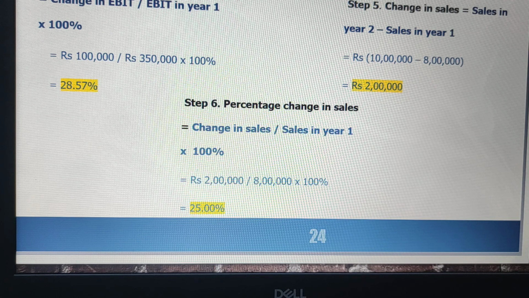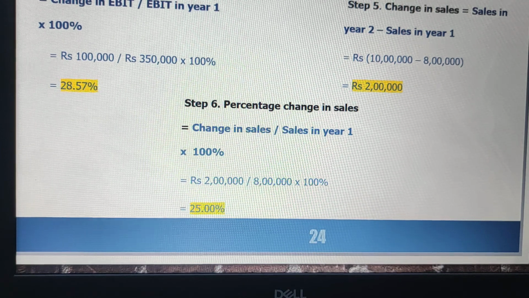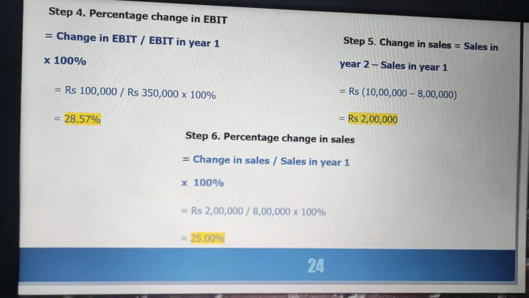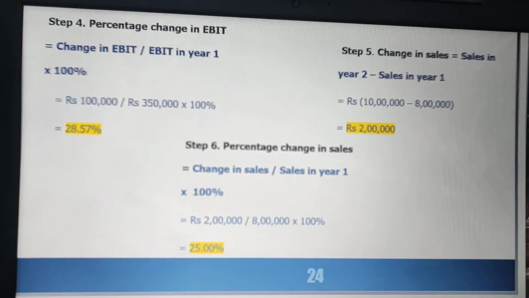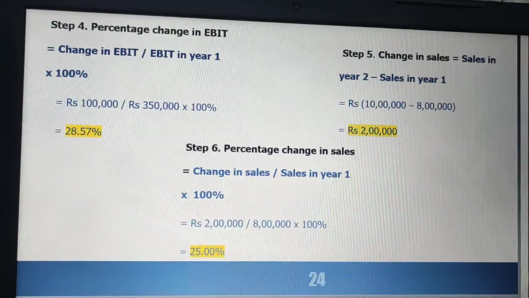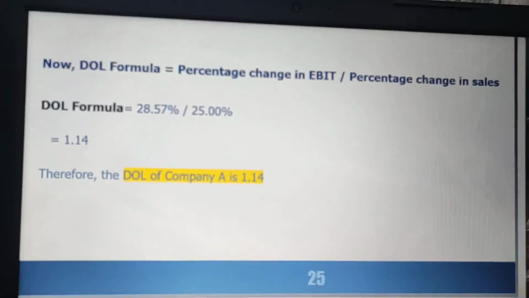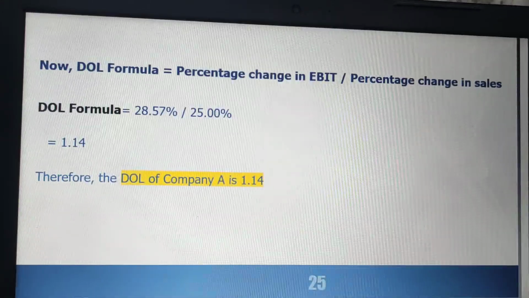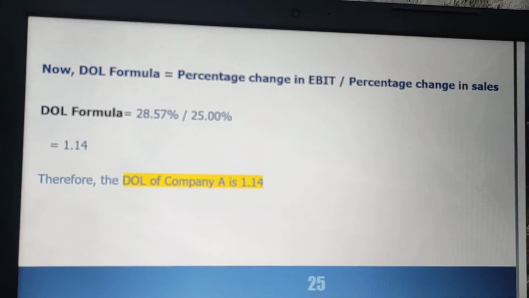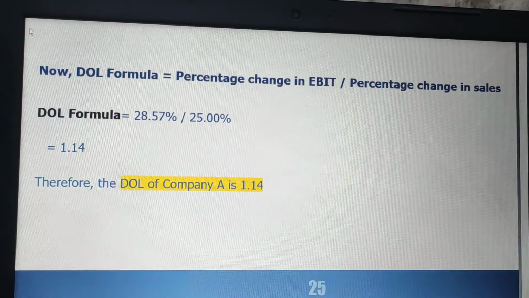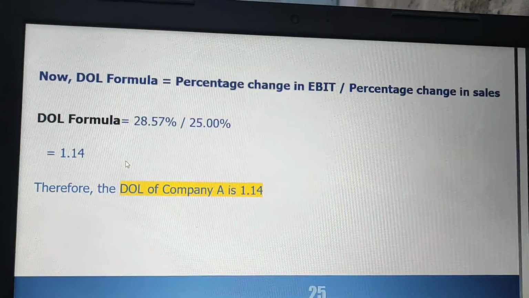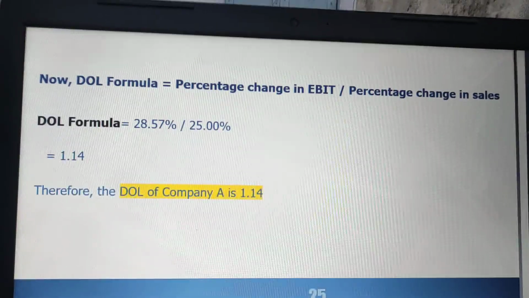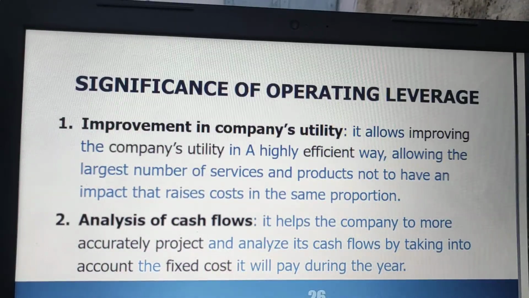And the next is percentage change in sales, which equals change in sales upon sales in the first year times 100, that is 2 lakh upon 8 lakh times 100%, which came out to be 25%. Now the DOL formula equals percentage change in EBIT upon percentage change in sales. This gives DOL equal to 1.14. It says that the degree of operating leverage of company A is 1.14.